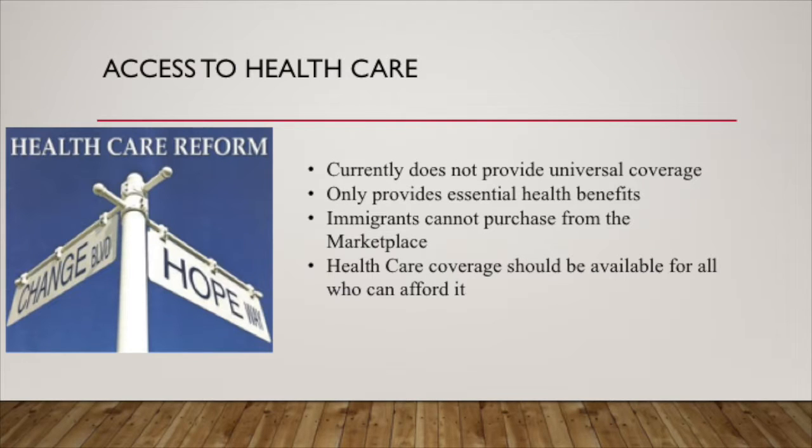Access to healthcare is also an important part of healthcare reform. Currently, the ACA does not provide universal coverage, according to Morrow and Joseph. Many individuals are left without or with less insurance coverage than they previously had. Morrow and Joseph note that individuals covered via the health exchanges still will not receive services such as vision and dental that are not considered essential health benefits.